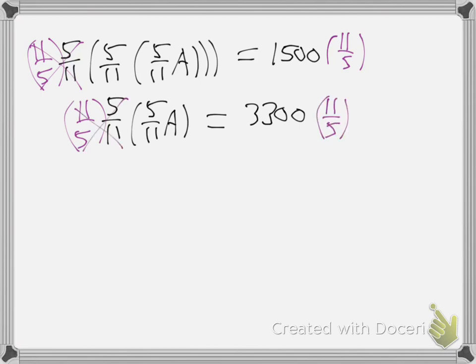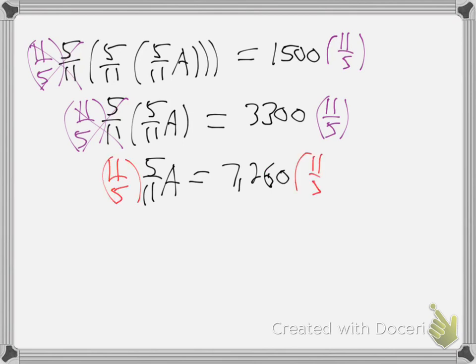That brings us down to 5/11 A, and I'm getting 7,260. And one more step: multiply by 11/5 one more time. We'll be down to A, the amount that Al originally had, which is 15,972 marbles. There it is.